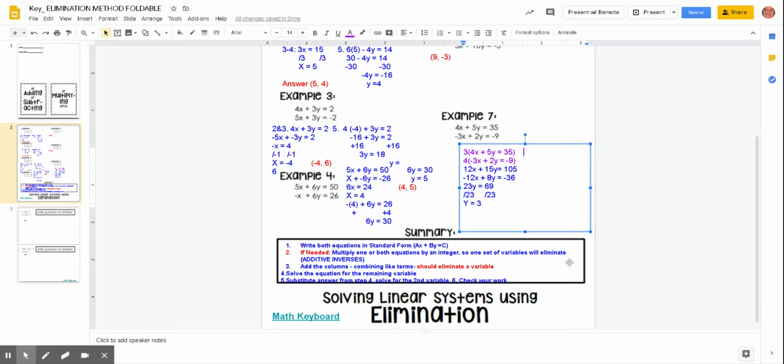So I'm just going to use the top one. So 4x plus 5 times 3 equals 35.